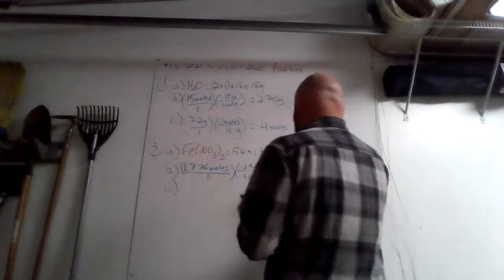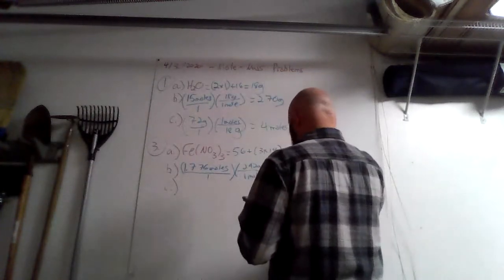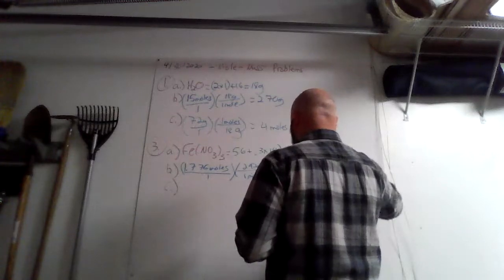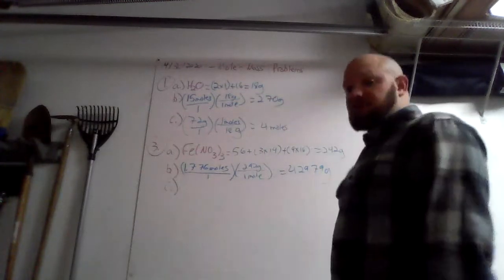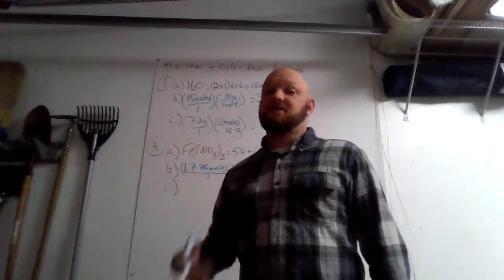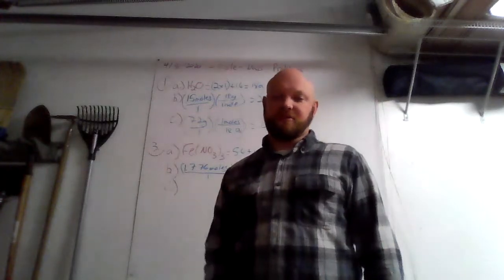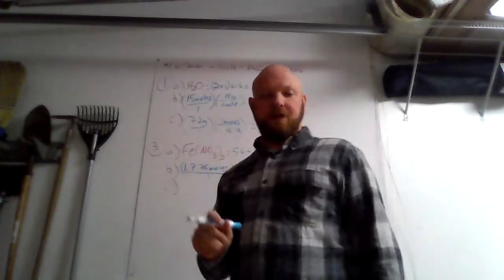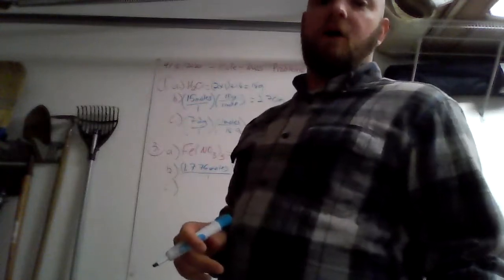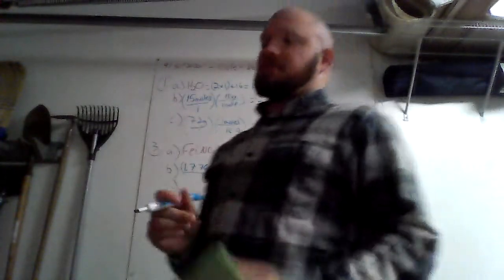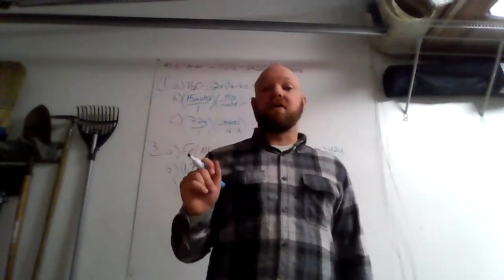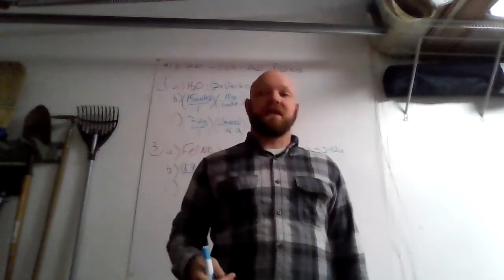I'm going to get 429.79 grams. Remember 2 decimal places. You give me 3, I'll live with it. If you give me 4, I'm going to dock a point off for not rounding like you're supposed to. Give me 2. If you need help figuring out how to round, just ask, or remember the simple trick. 5 and up, bump it up. 4 and down, round it down.